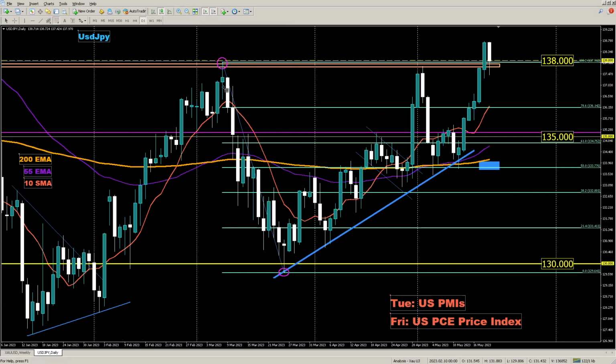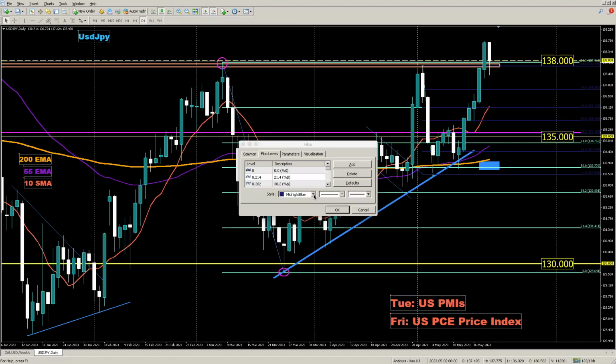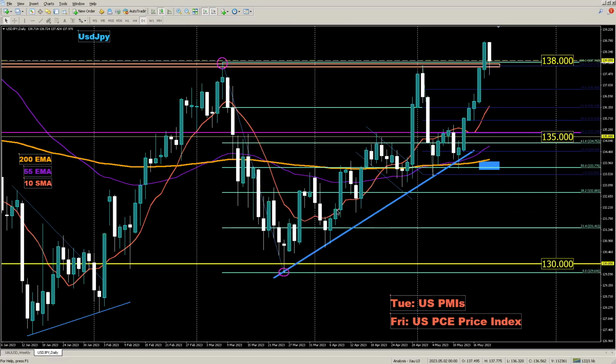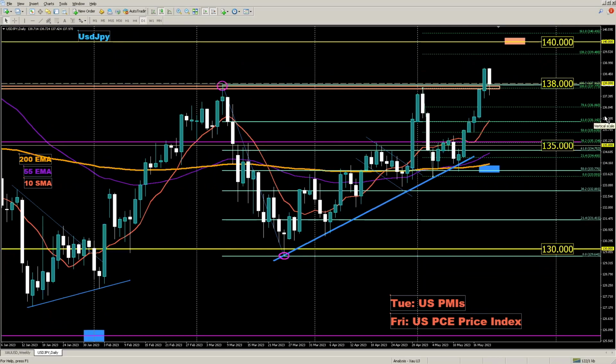If we take a smaller range fib reversal here, let's see where that will set the 139.40 area before it tries to break the 140.